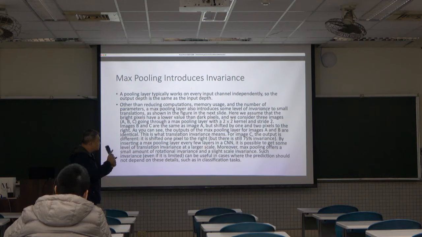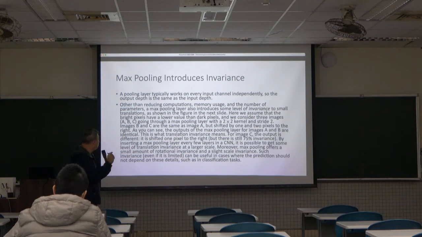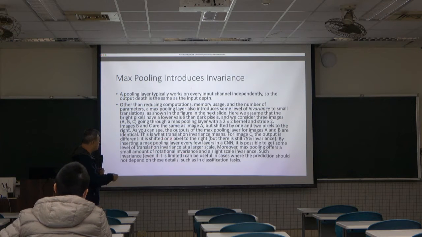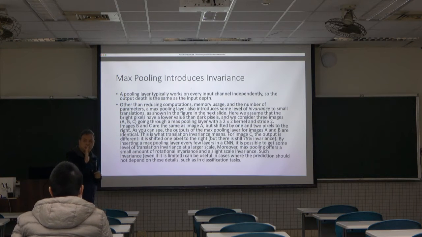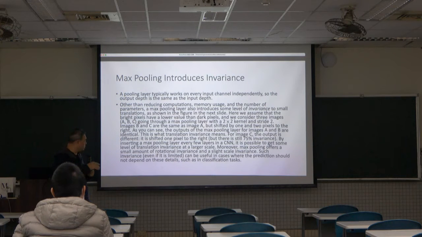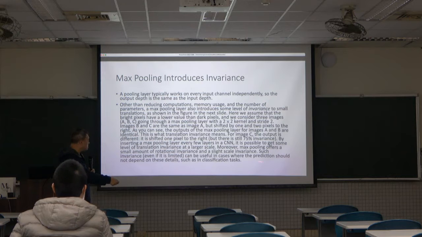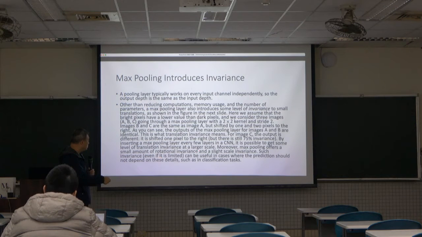If you change the scale a little bit, as long as it's not too big, or if you change the angle, it also provides a small amount of rotational invariance. So scale invariance, rotational invariance, and obviously, as I said, the translation invariance.